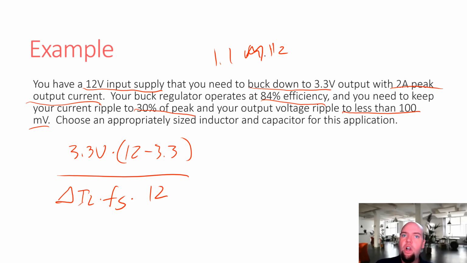Modern buck regulators commonly operate at 1 megahertz or more. High-powered ones tend to operate a little slower. The high current ones tend to operate closer to the hundreds of kilohertz range. Why is that? It's because the high current ones are driving a very big transistor to allow that much current to flow. And the problem with driving very big transistors is they have very capacitive gates, and you can't charge and discharge that capacitor instantaneously.